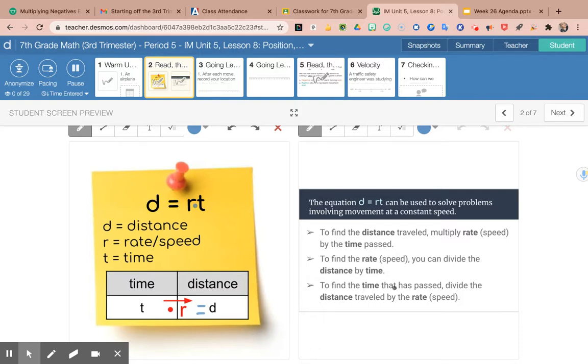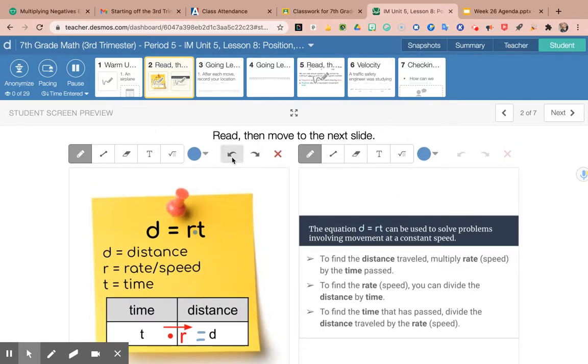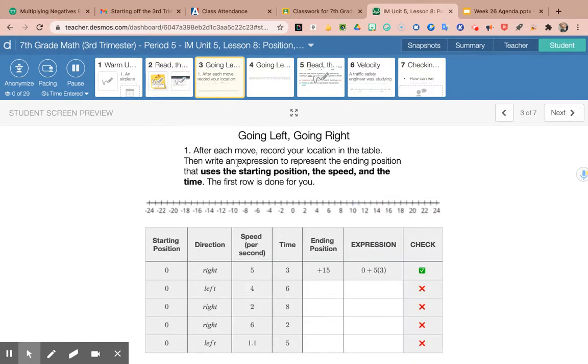And then finding the time that's passed, you can divide your distance, how long you went, by how fast you went. So they're all related. When you're done, you don't have to write anything on this one. I just notice the equation. And then go to number 3.